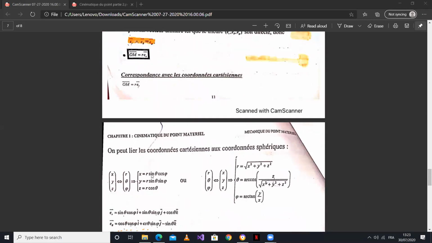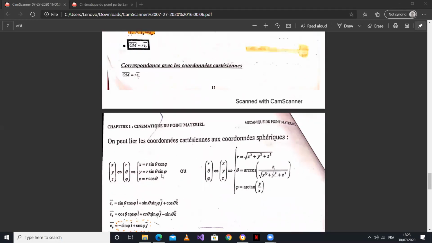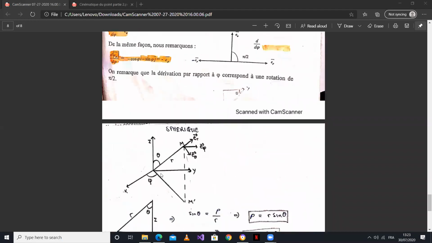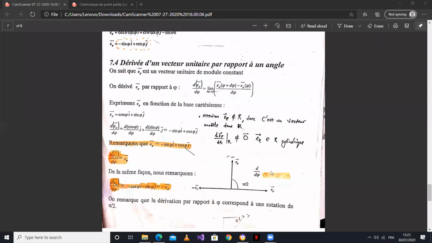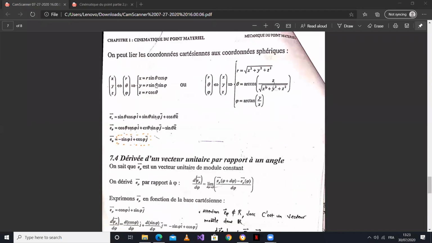X is equal to R sine theta cos phi. Then when you come this side, we now use sine. Sine of phi is going to be equal to the opposite side, which is Y, over the hypotenuse, which is R sine theta. So we will have our Y being equal to R sine theta multiplied by sine of phi, which is what they have here. Again, Y is equal to R sine theta sine phi.